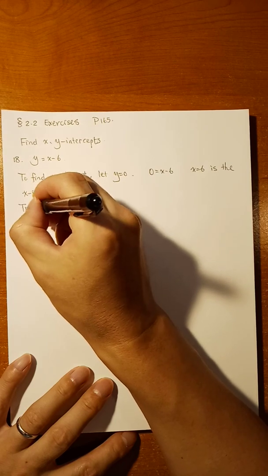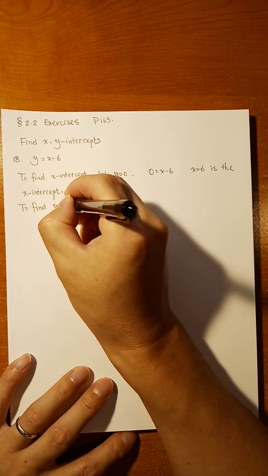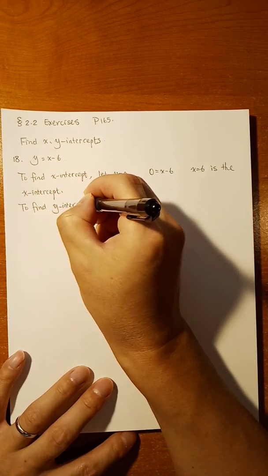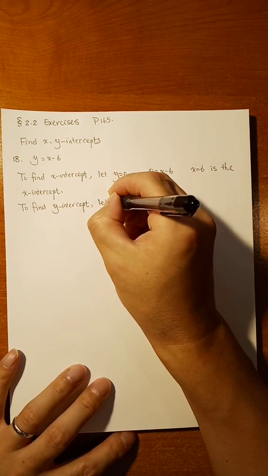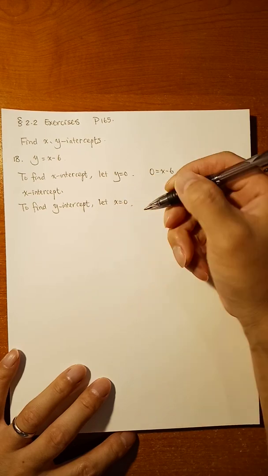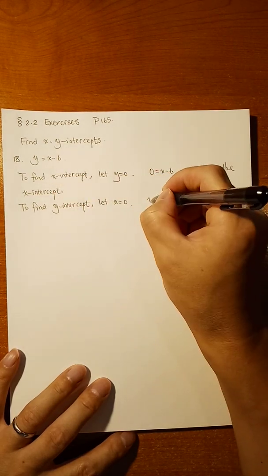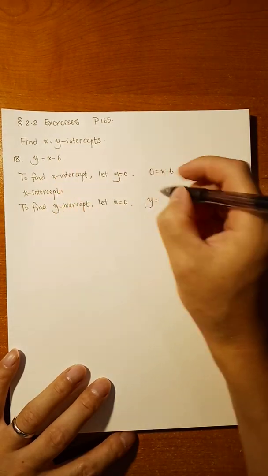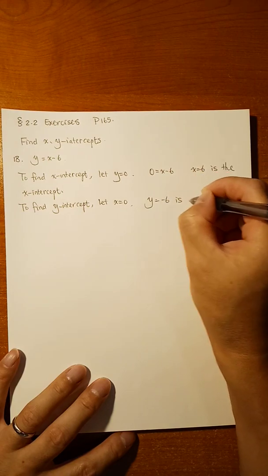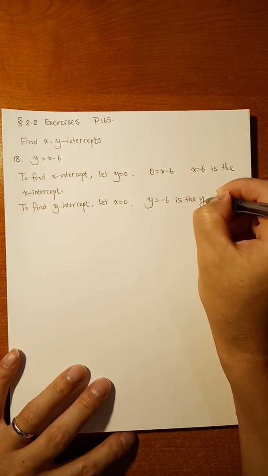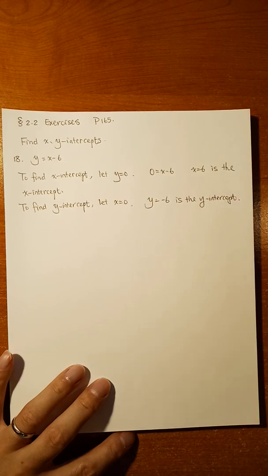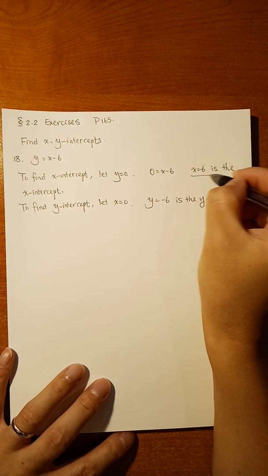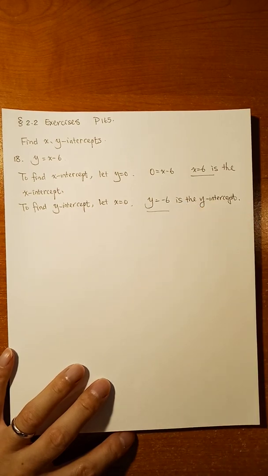And to find the y-intercept, let x be 0. X is 0, so you directly get y equal to 0 minus 6, negative 6. It is the y-intercept. Okay, and that's it. So x equal to 6, y equal to negative 6.